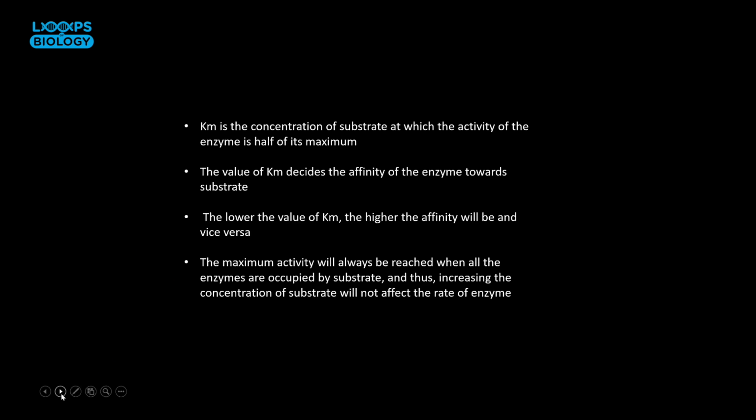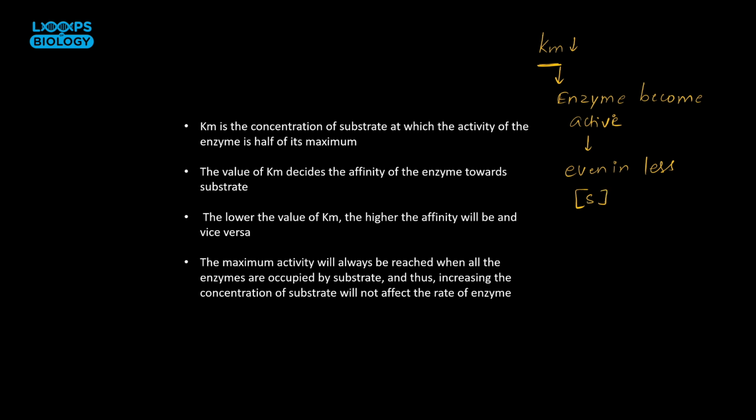Now let's see. The Km is the concentration of substrate at which the activity of the enzyme is half of its maximum. As I have already told you, the value of Km decides the affinity of the enzyme towards the substrate. That means whenever the Km value is less, the enzyme becomes active even at less substrate concentration. That means the affinity of the enzyme towards the substrate is more.